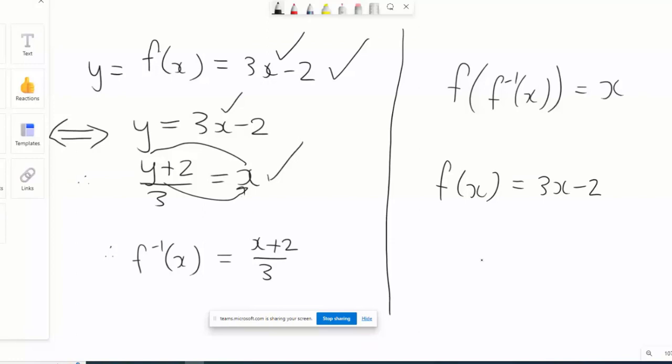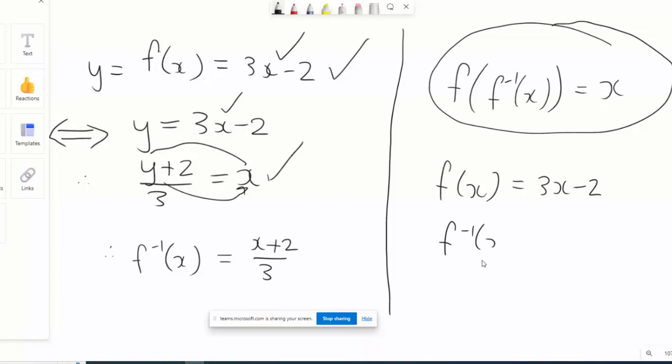I want to check whether this condition is satisfied when I allow the range of f inverse to be in the domain of f. All right, let's see what will happen now. We found f inverse of x as x plus 2 over 3. Now let me do the composition.